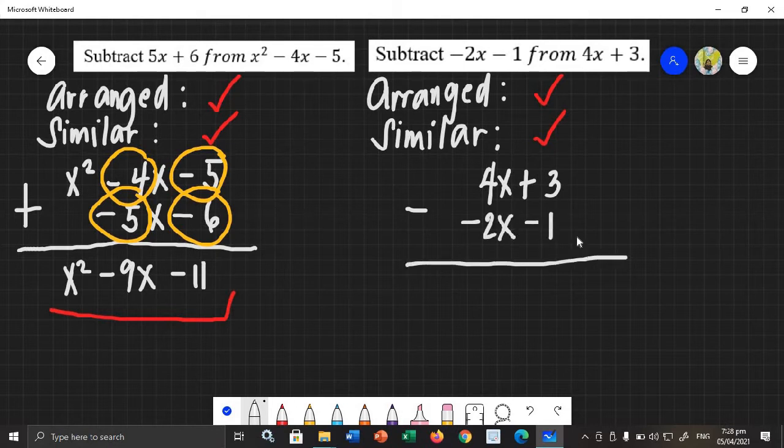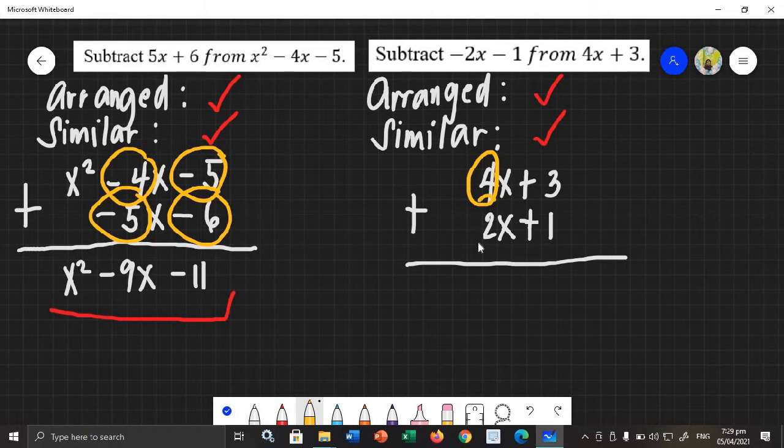Okay? And again, i-apply natin yung rule sa integer. Yung rule sa integer, palitan yung sign nung lahat ng term sa subtrahend. So, si negative 2x, magiging siyang positive 2x. So, tanggalin nyo na lang yung negative sign. And si negative 1, magiging siyang positive 1. Okay? And then, we will change the operation into addition. And then, we will add the numerical coefficient.